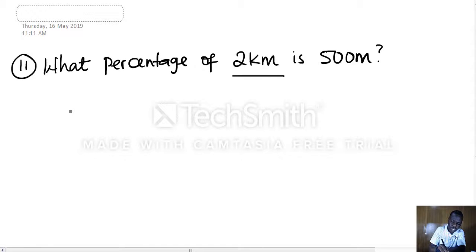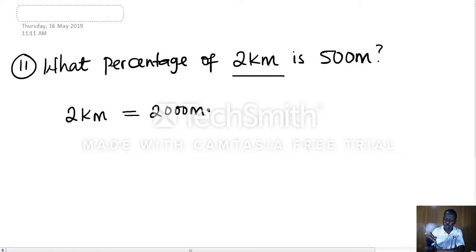So from our previous exercises, you will agree with me that 2 kilometers is equal to 2,000 meters. So what percentage of 2,000 is 500?